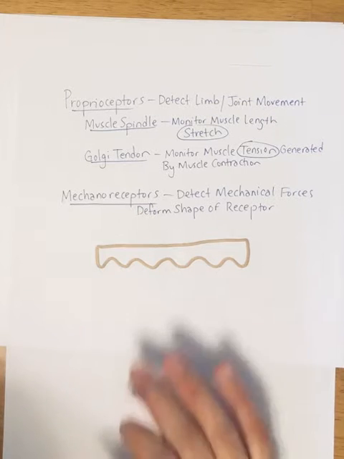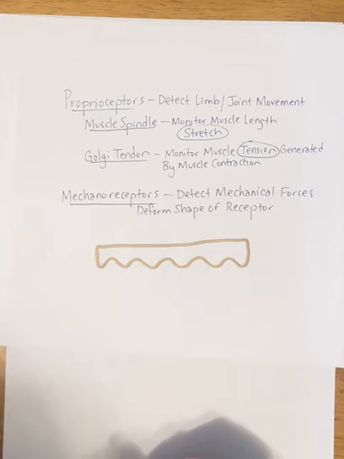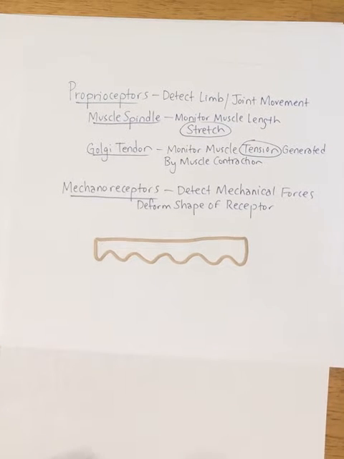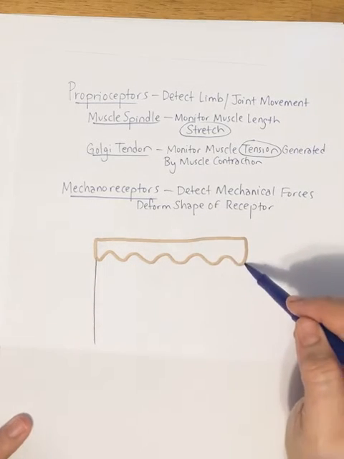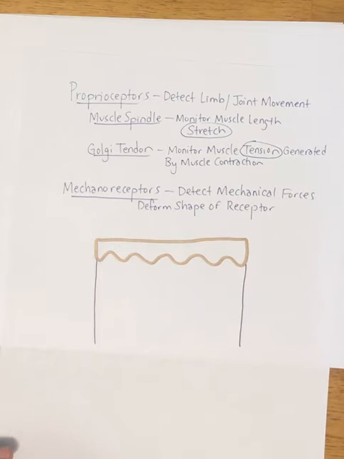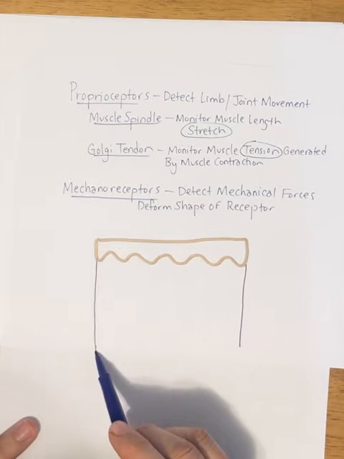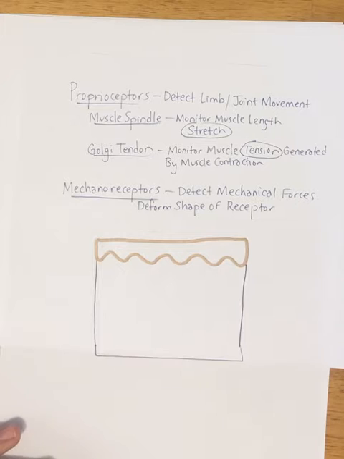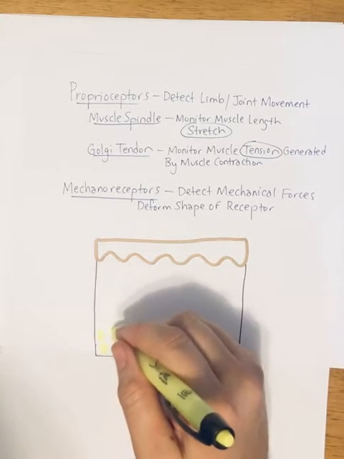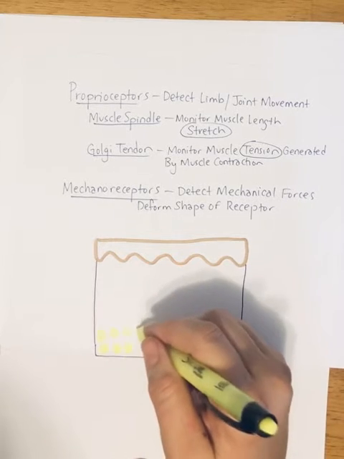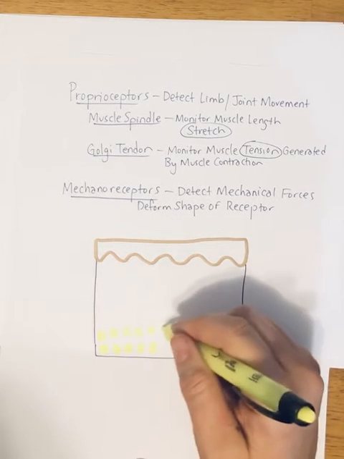Mechanoreceptors. The outer layer of your skin is called your epidermis. Now the next layer of your skin is called your dermis. And then the lower region is called your hypodermis or subcutaneous region. Now your subcutaneous region is going to be full of adipose and fat. So this layer is your subcutaneous layer. The 3rd layer. I'm just going to draw circles here.